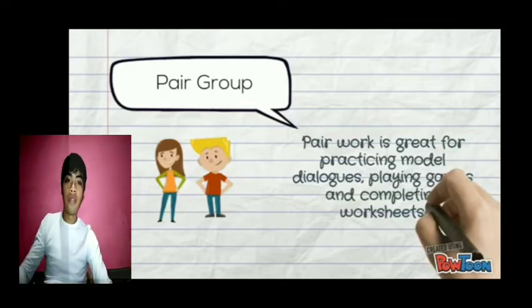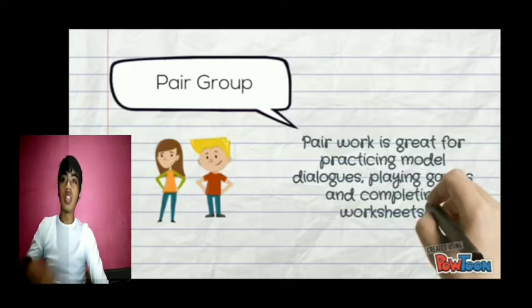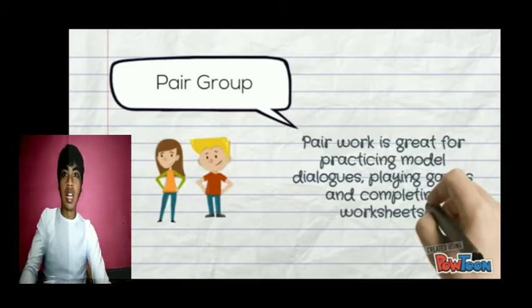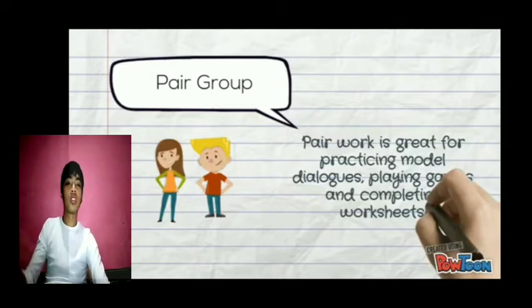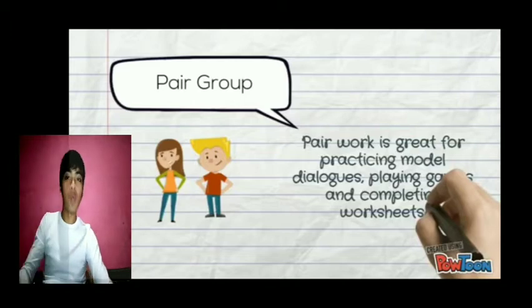But we have advantages too from peer group work. It increases the amount of speaking time any one student gets in class, allows teachers to work with one or two pairs while others continue working, and two heads are better than one.